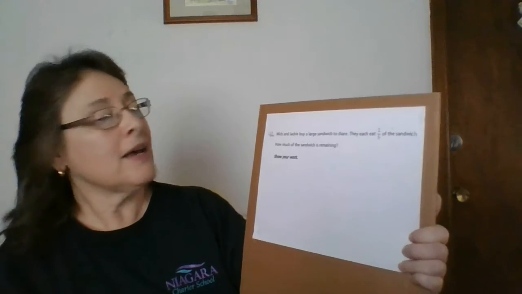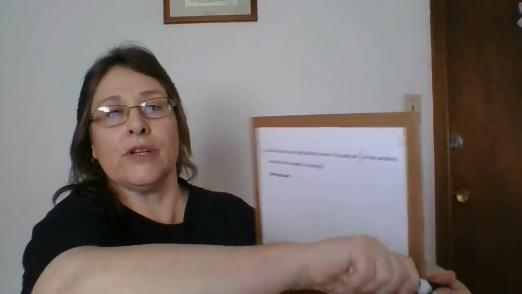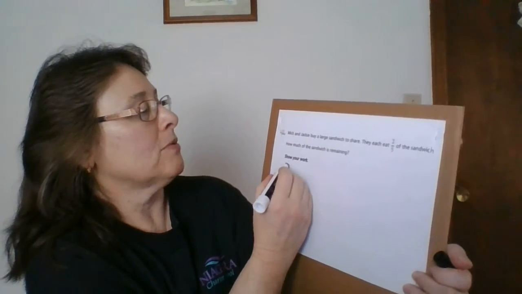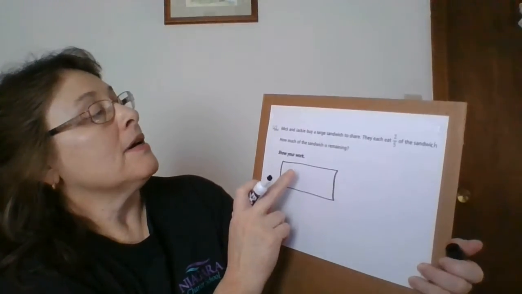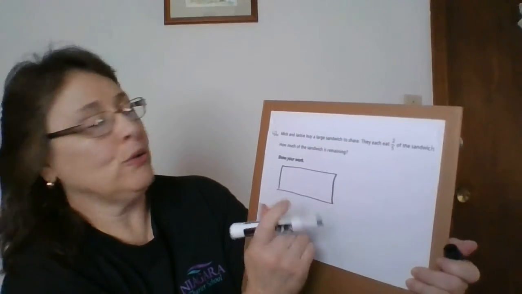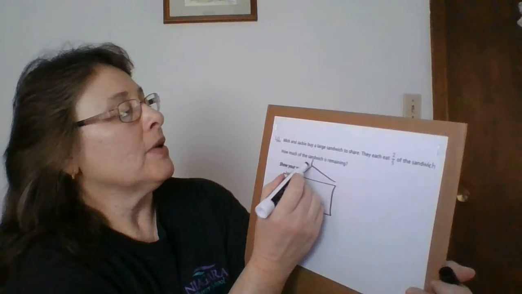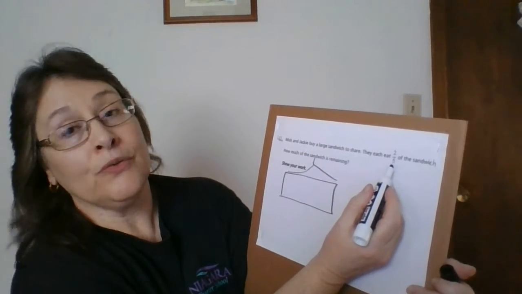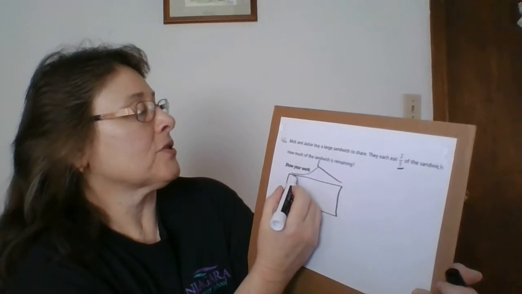So it says that they buy one large sandwich. So let's draw that. Here's my large sandwich that they bought. And it says they share the one sandwich. They each eat 2/5. So if this is my whole sandwich, it's cut into fifths because they said that they eat 2/5 each. So I have to cut the sandwich up into 5 parts.